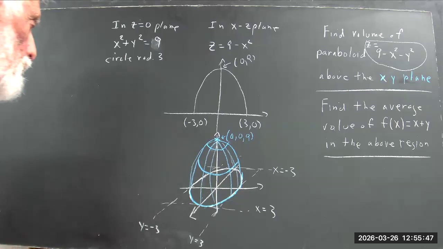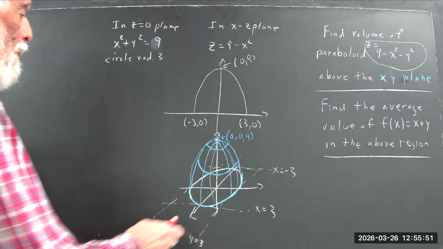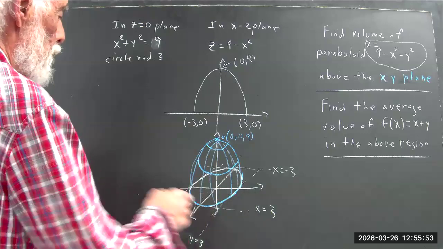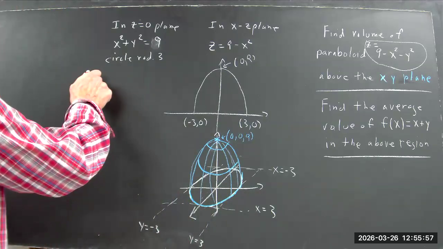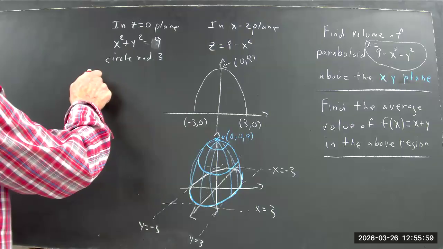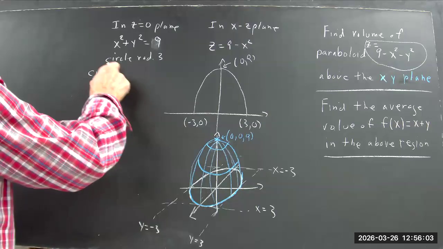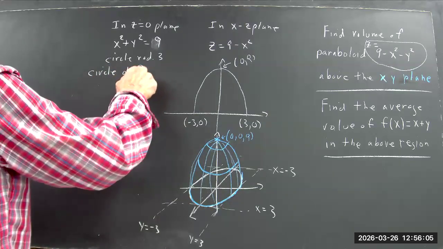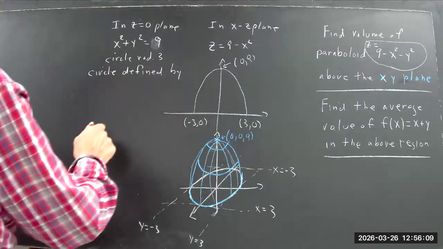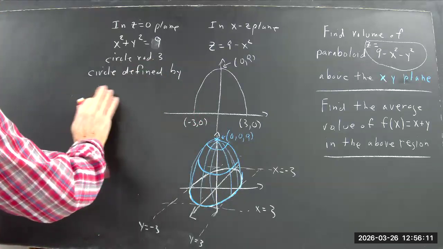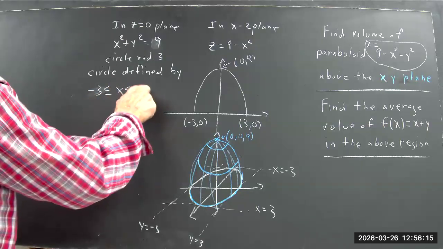Now, it should be very clear that this circle down here in the xy plane is defined by -3 less or equal to x less or equal to 3.